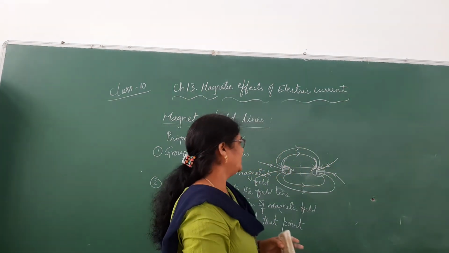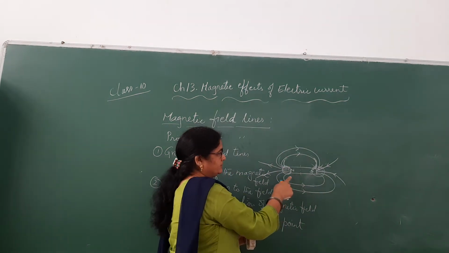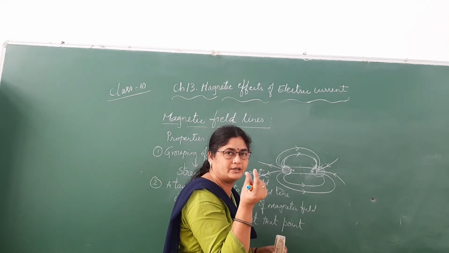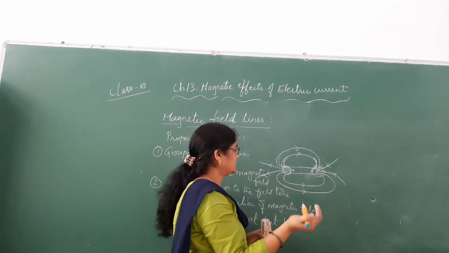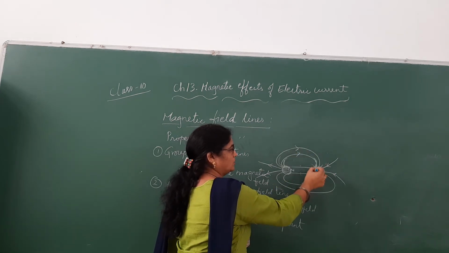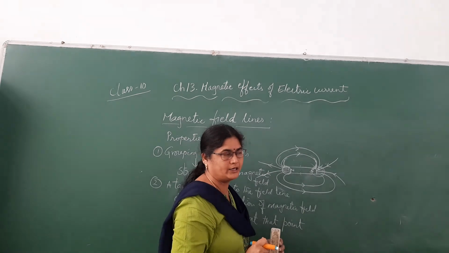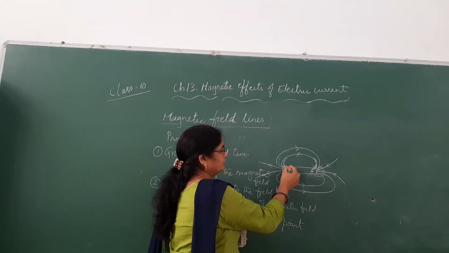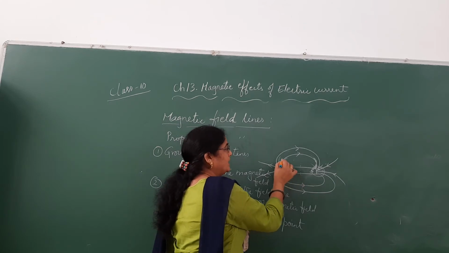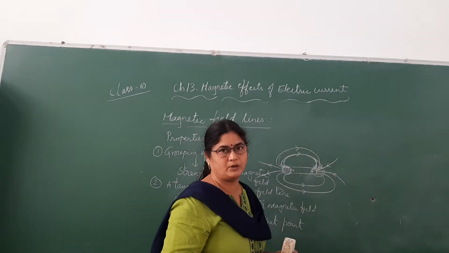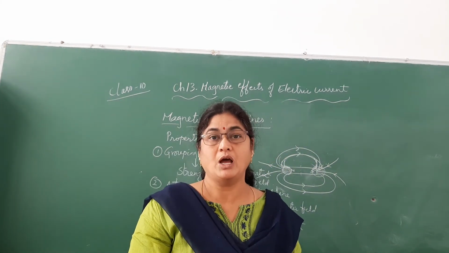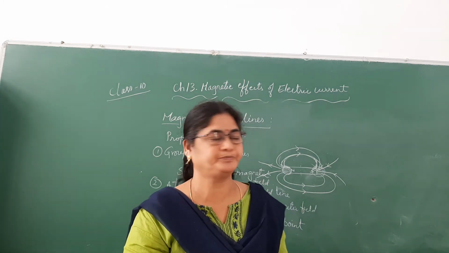Remember this. And if you observe these field lines, when we have done the experiment with a tiny magnet like a magnetic compass, we have seen that the compass has moved from north to south outside the bar magnet. That means the magnetic field lines always emerge from the north pole and merge in the south pole outside the bar magnet.